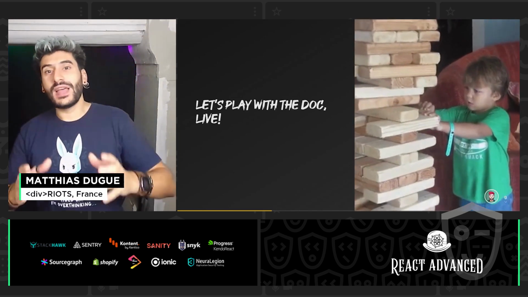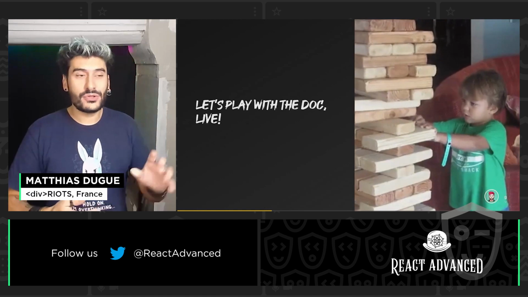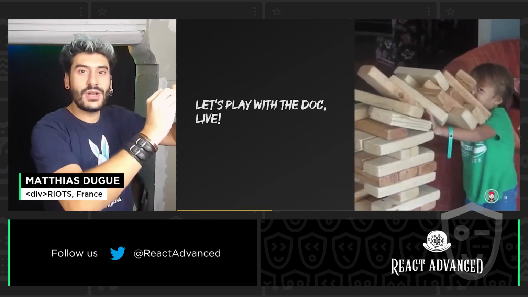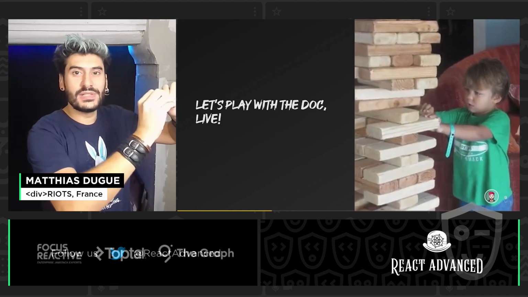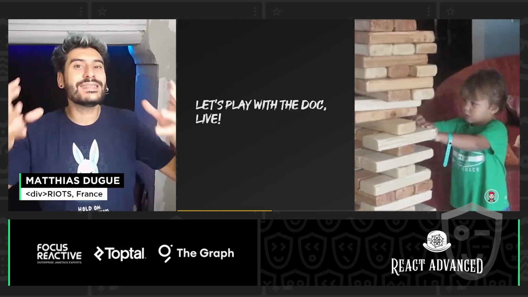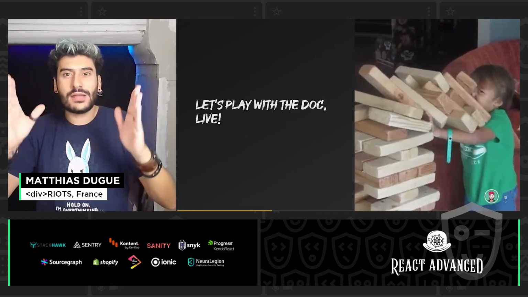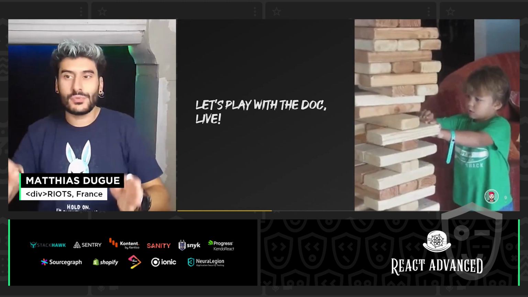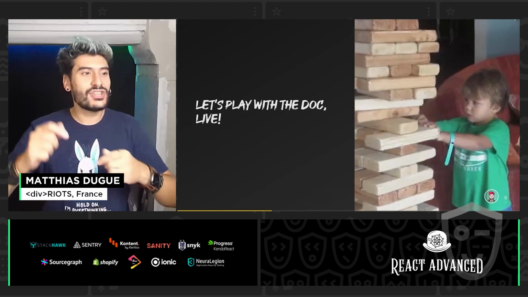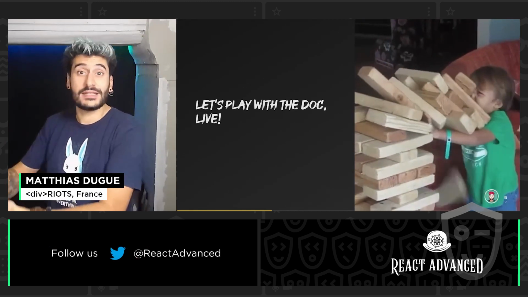So with that, we are now able to play with the docs live, because we could embed our component, properly isolated from our final application, in our documentation at hand. So it's really easy now to play with this component in a sandbox in our documentation, try it, test it, run some kind of experiment, break it at some point.